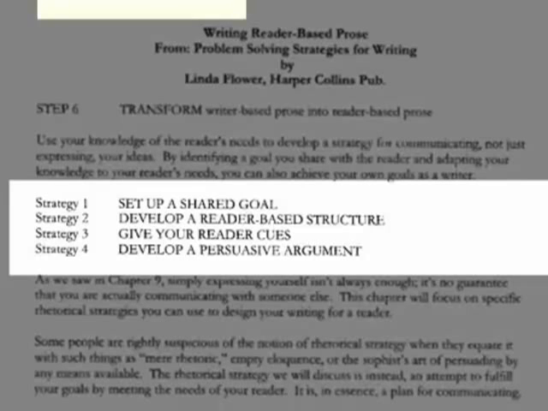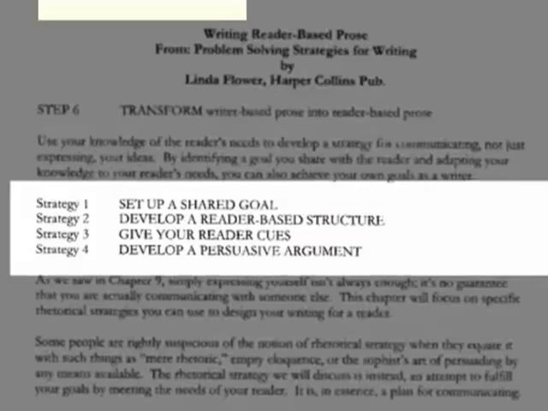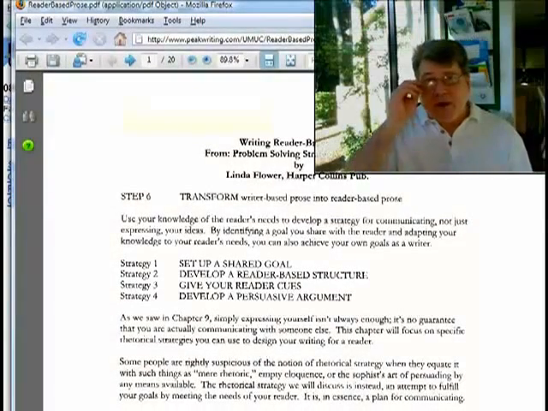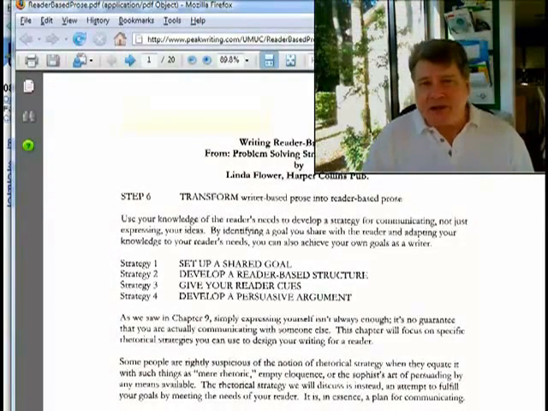The pedal hits the metal, the rubber meets the road, and these are the 4 essential strategies that she gives for creating reader-based prose. If those are the 4 essential strategies for creating reader-based prose, those strategies would be a good place to begin to find the differences between reader-based prose and writer-based prose. A little bit of a heads up there.